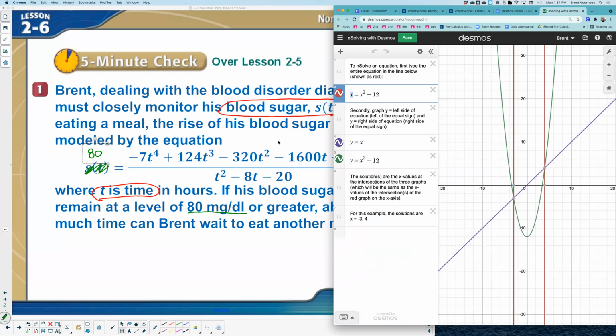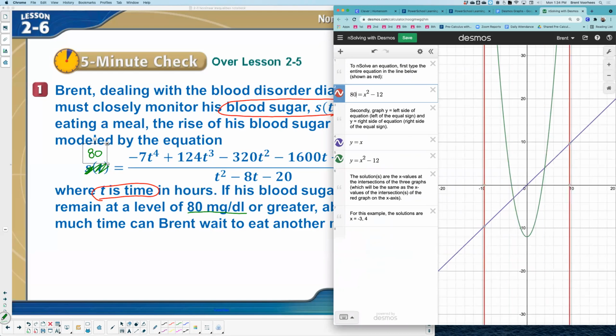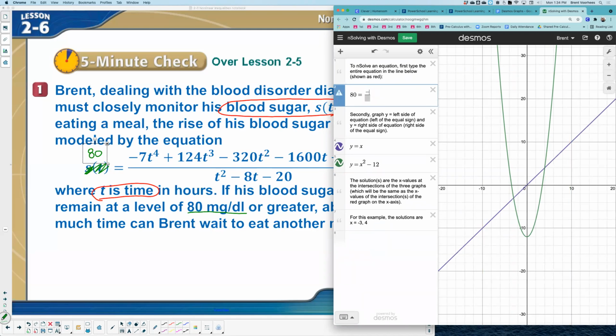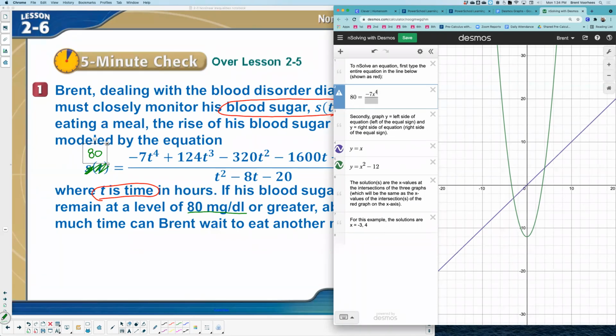And so first, the one adjustment you need to make is when you type these in, use the letter X for the InSolve. You can use T and it'll work, but it doesn't show all 3 graphs. So I'm going to, instead of using a T, I'm just going to use X. So please be following along here on your own if you could. Or at least get open a graph yourself.